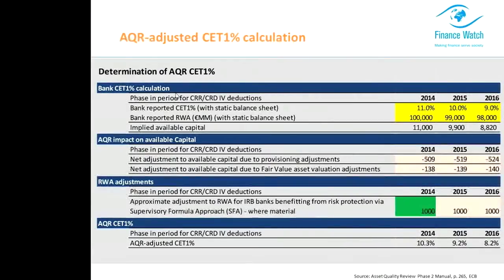Okay, so to give you some flesh to the bones, we present you an AQR template. In this template, the adjustments to asset values recognized in AQR are translated into capital ratios. Because if the capital ratios are met after accounting for additional provisions, banks, although recording some losses as a result of AQR, do not have any capital shortfall.